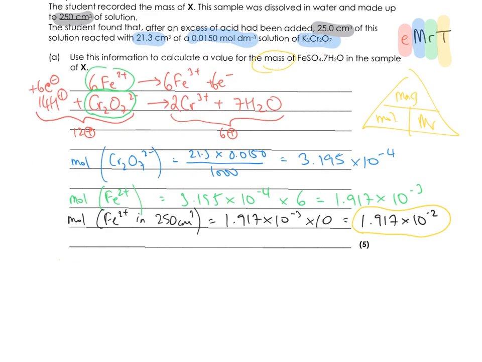So therefore the mass of iron sulfate dot 7 water equals 1.917 times 10 to the minus 2 times 277.9, which is what the Mr of that is, which you'd need to work out first, and that gives you 5.33 grams, which is your answer.